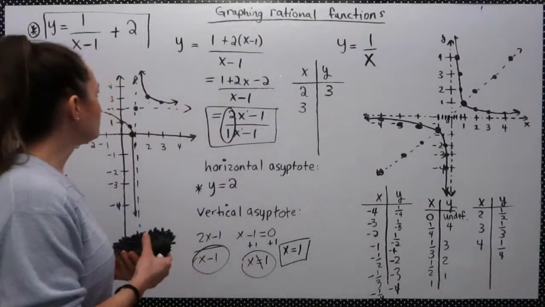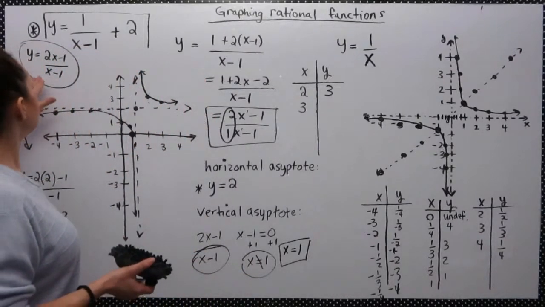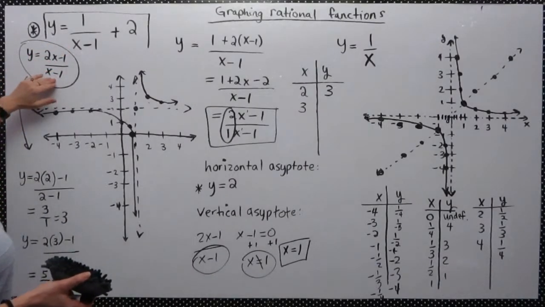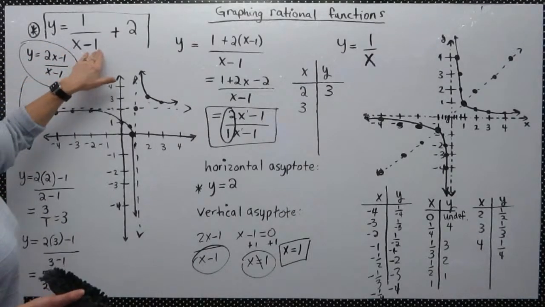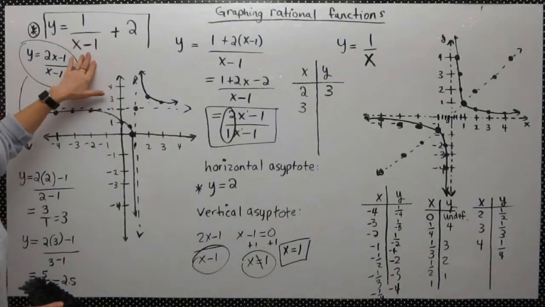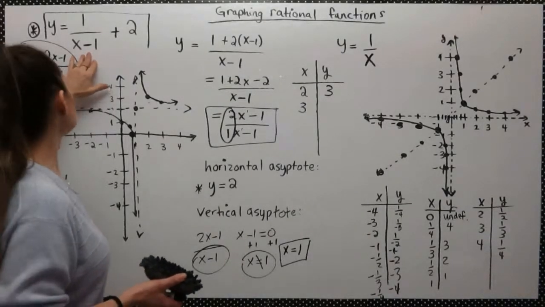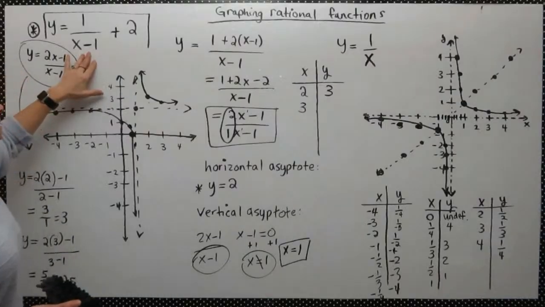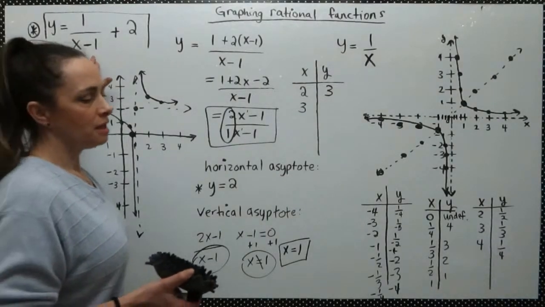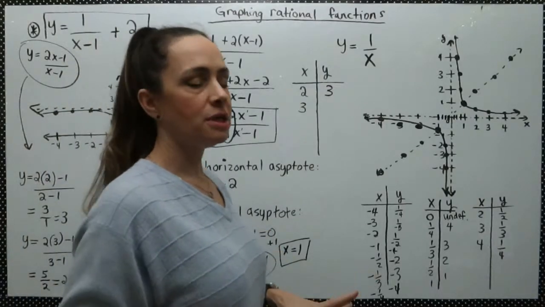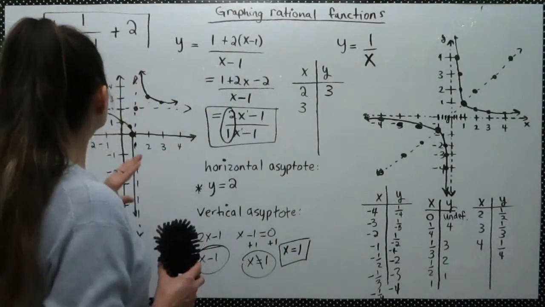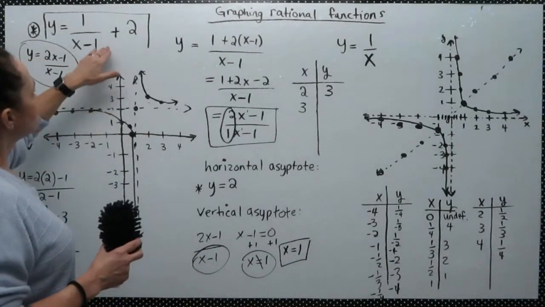So I rearranged this and put it in polynomial form just by combining these terms and putting them over the denominator, using a little bit of algebra essentially to find the horizontal asymptote. But really, I didn't have to do that because I went online and I found a form for rational functions in this form.